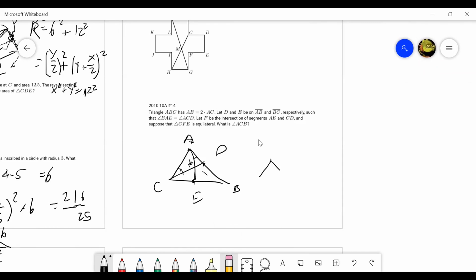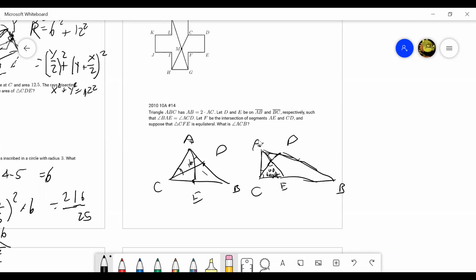where we start from the equilateral triangle. With equilateral triangles, you can find that everything is 60 since they're all equal. And we have this angle and this angle are the same. So how do we go about this problem?